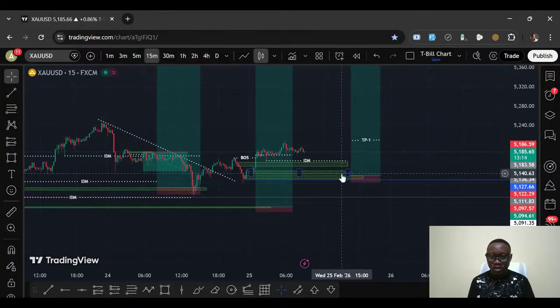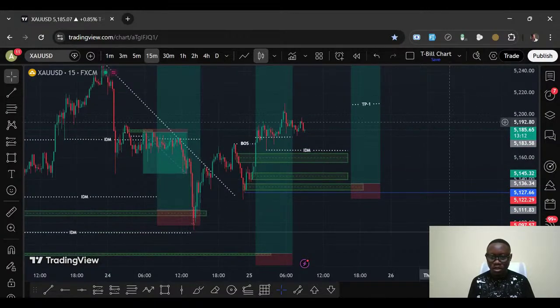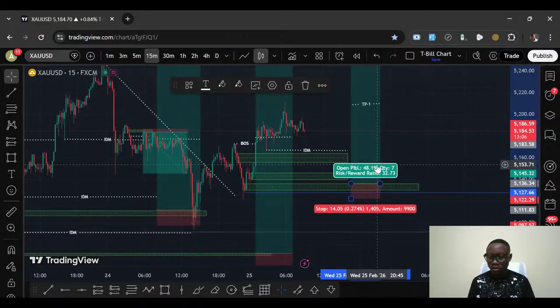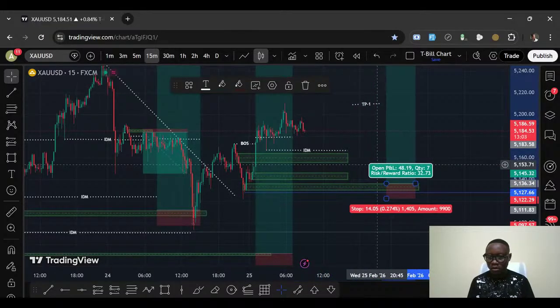Now for this order block zone, our entry would be right here. Let's move this right here. So we have this here.